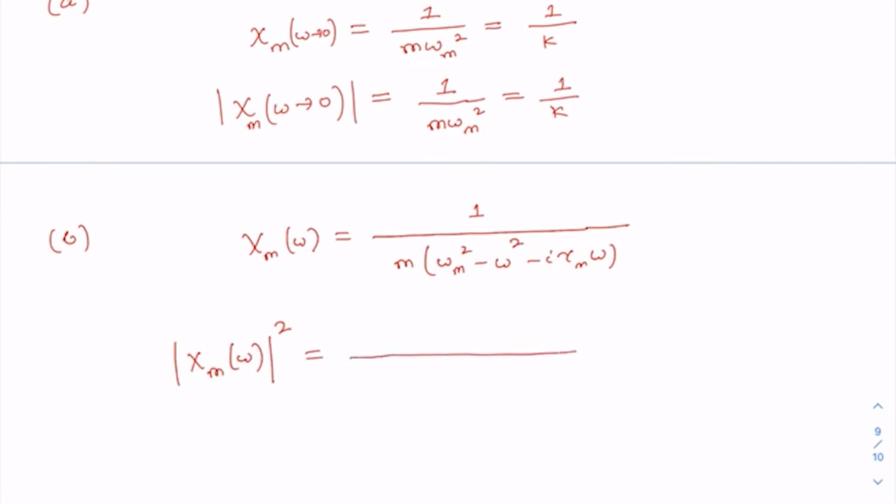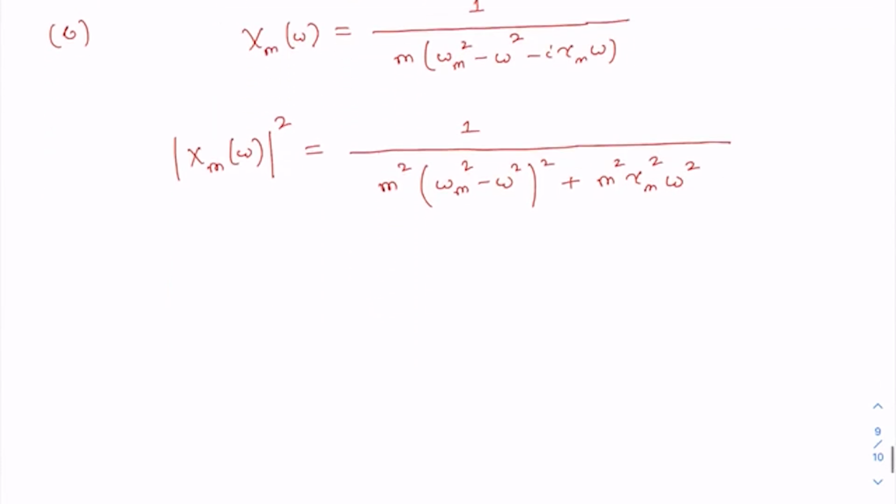That would be equal to 1 divided by, it is easy to see, you have to take the multiplication of the complex conjugate, then you will get m square into omega m square minus omega square whole square, okay, and then you will have plus m square gamma m square omega square. So this is the expression you are going to get.